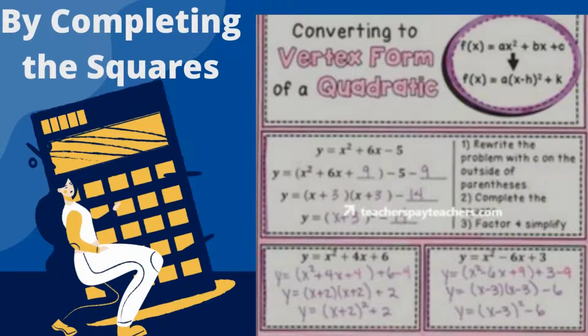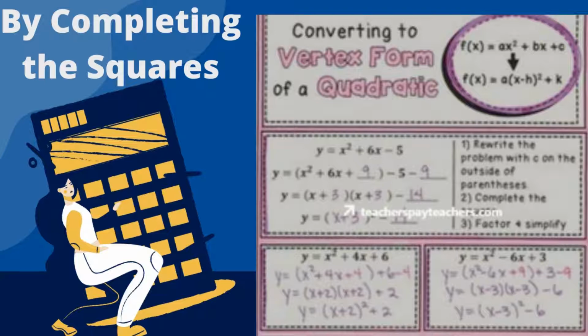Recalling on how to use completing the square, just remember, we discussed that on quarter 1, week 1. That's one of the methods in factoring. So how will you use this completing the square?